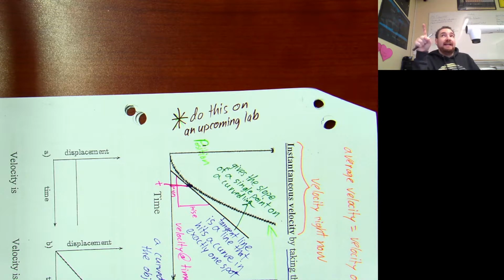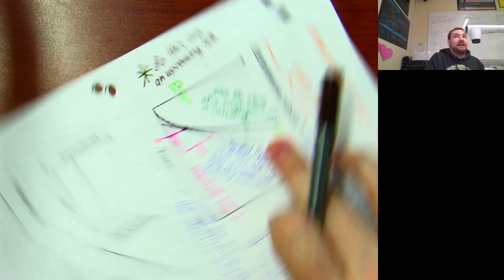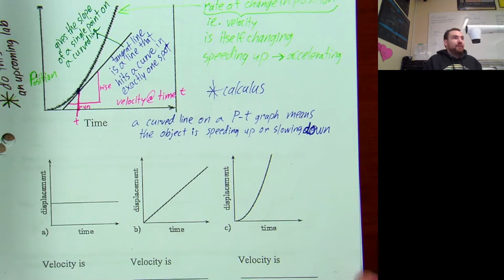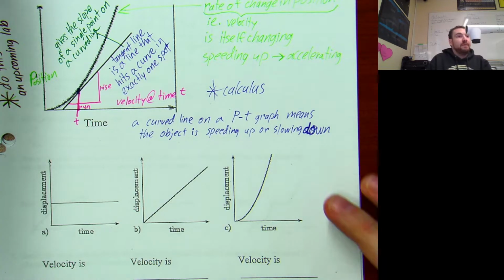And I want you to write that in here so that when we get to the lab and I say, okay, you're going to find tangent lines of this graph and it's going to give you such and such, you'll be like, what's the tangent line? I'm hoping by writing this down, you'll remember, oh yes, this little section that we talked about here, that's what I got to go back and do. So I'm really going to get you guys to practice this stuff using a lab that we've got coming up here in a little bit.